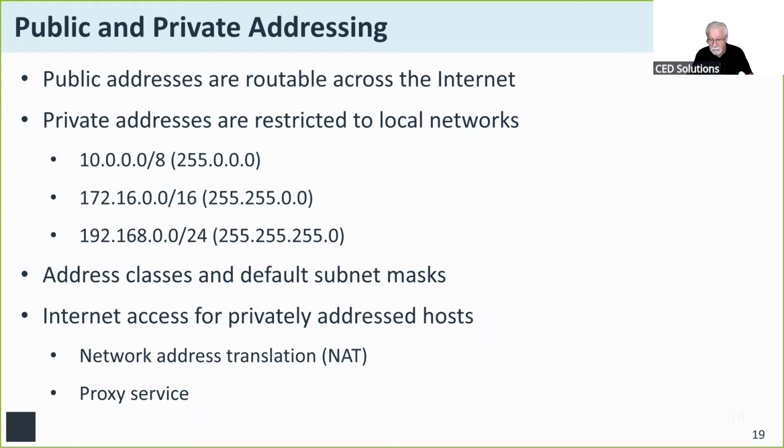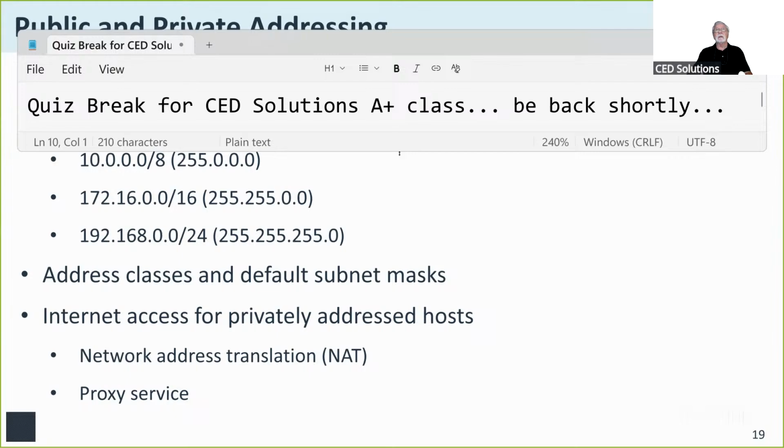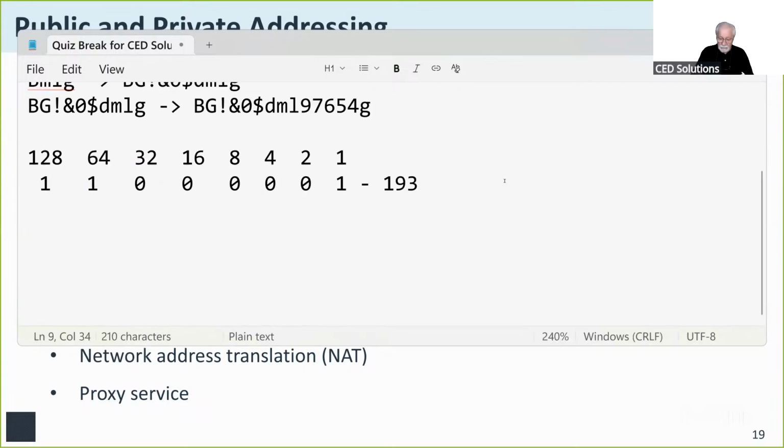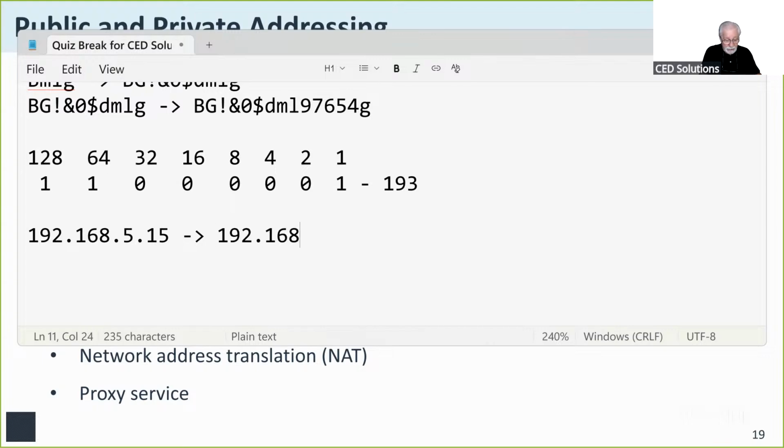Here's how it works. Let's pull the old guy up here again. Let's say my IP address is 192.168.5.15. I want to communicate with a computer whose address is 192.168.5.123.